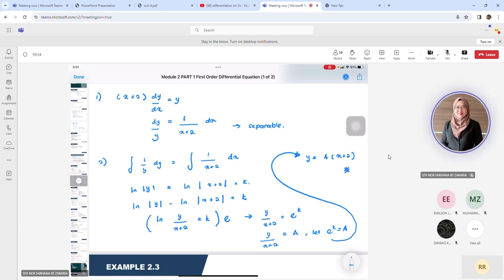Is it clear? Step 3 here, we cannot do that because they don't give us the initial condition. Okay, so we cannot find value of a. So your answer until here only. Okay. Is it clear? Easy, right? Okay, any questions so far before we move to another example?